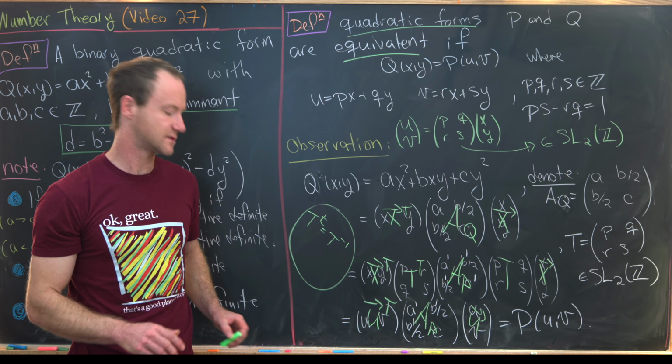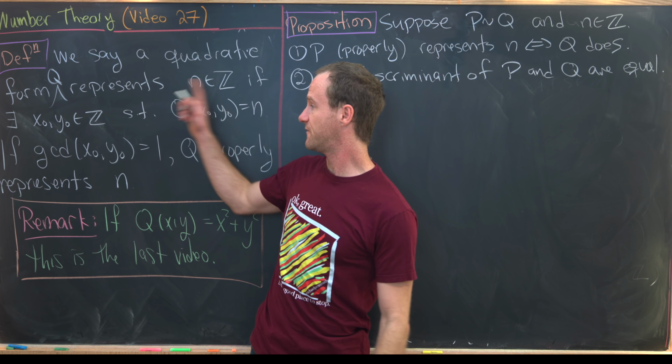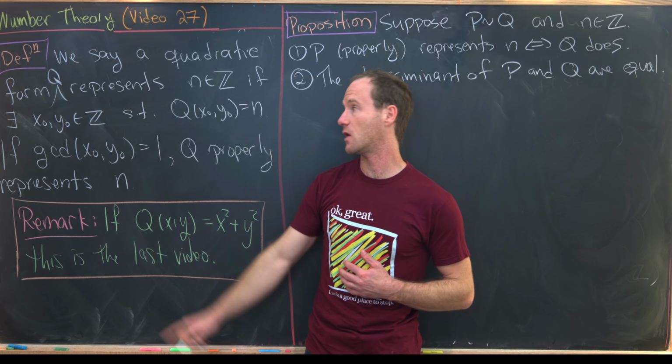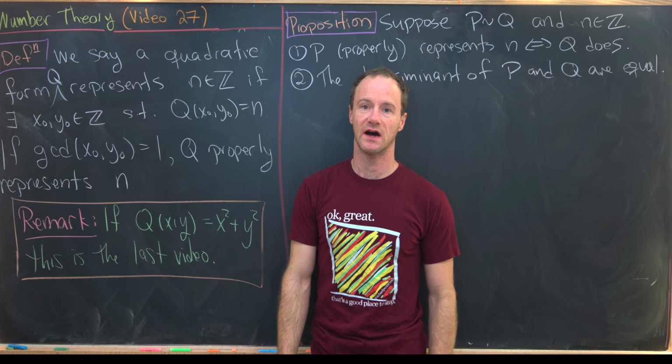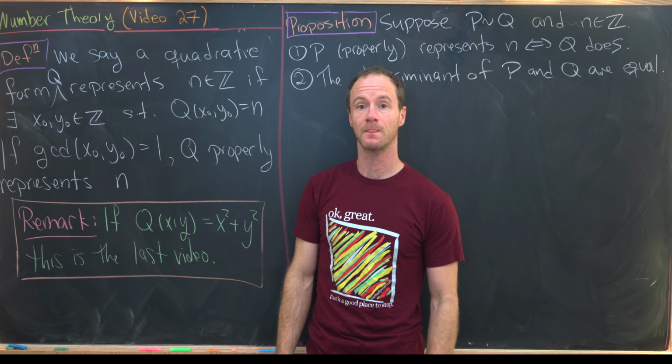Okay, we've got another definition and then our first proposition of the video. So we say that a quadratic form represents an integer n, I guess I should say my quadratic form here has name Q, if there exist x naught, y naught, which are integers, such that Q evaluated at x naught, y naught equals n.